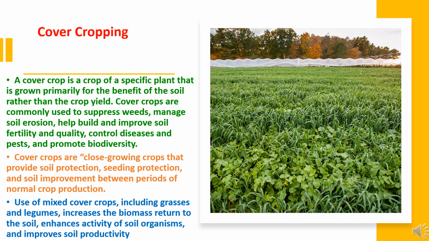Cover crops are close-growing crops that provide soil protection, seeding protection, and soil improvement between periods of normal crop production. Use of mixed cover crops, including grasses and legumes, increases the biomass return to the soil, enhancing activity of the soil organisms and improving soil productivity.